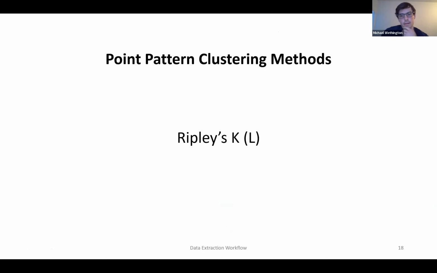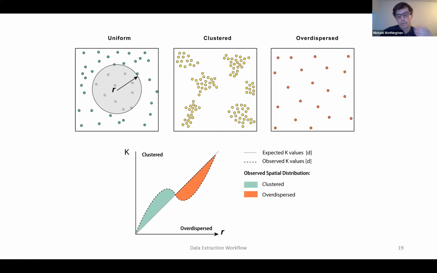Once we have all this data, we're interested in identifying clusters and seeing how things are partitioning themselves. Starting with a classic function, Ripley's K, we're using a modified version known as the L function, but I'm just going to quickly walk you through it to give you an idea.